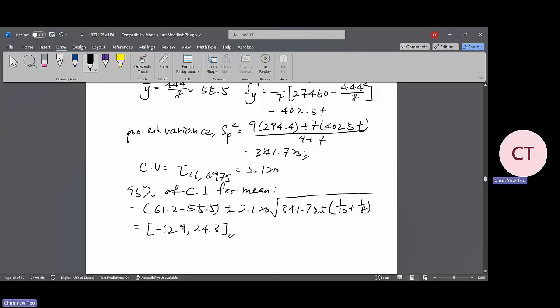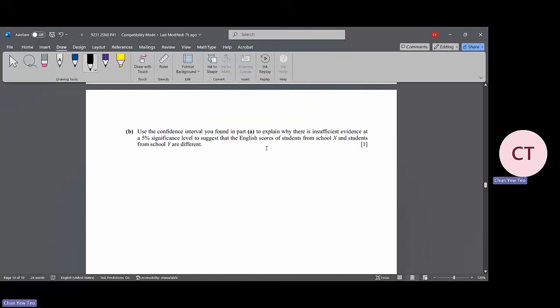Done. Okay, now we go for part B. Use the confidence interval that you found in part A to explain why there is insufficient evidence, at the 5% significance level, to suggest that the English scores for students from X and Y are different.